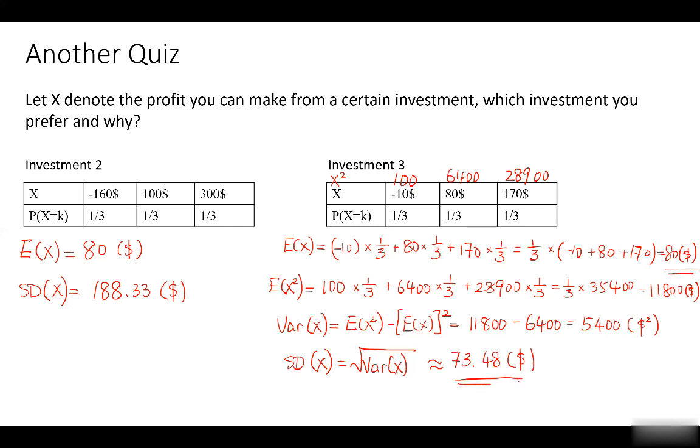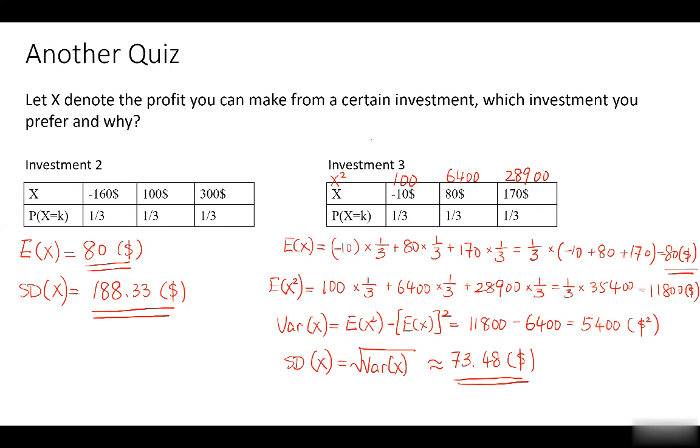Okay, then we can compare these numbers. First of all, the average profit of investment 3 and investment 2 is almost the same, right? Which are all $80. But the standard deviation in option 3 is much lower than investment 2, right? So that means when the average profit is the same, the risk in option 3 is much lower than option 2, right?